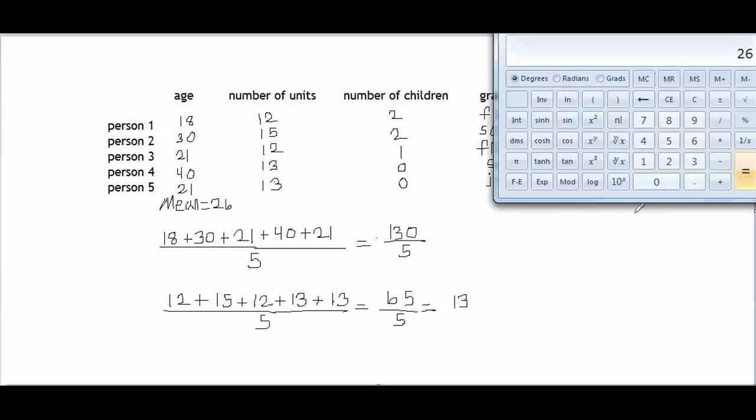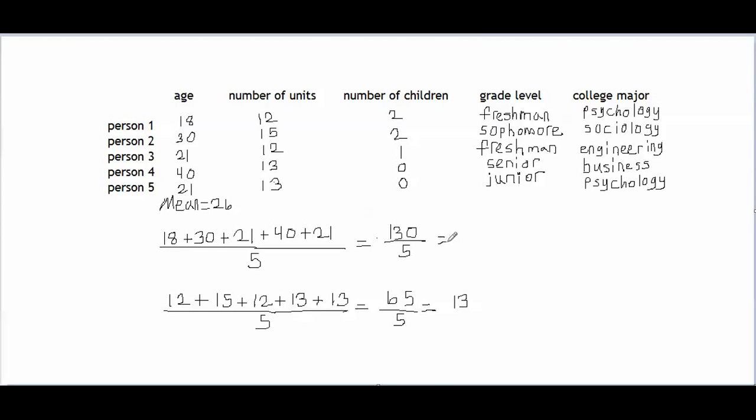And we got our mean of 26. So the mean age was 26. I already wrote that down over here. The mean number of units is 13.